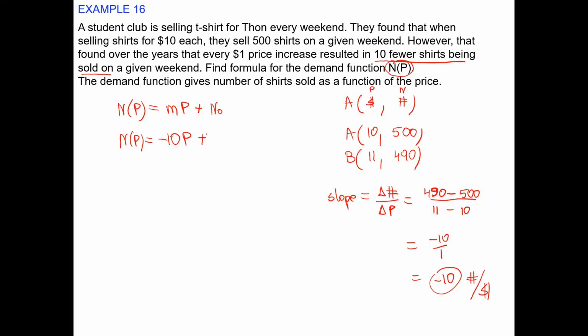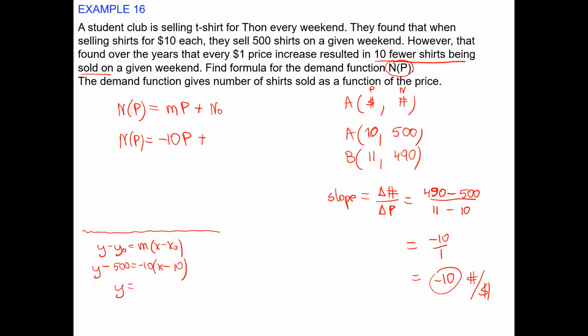And what is the y-intercept? Having a slope and a point, we even have 2 points, we can use point slope, or we can calculate easily, but let's actually do this. y minus y sub 0 equals slope times x minus x sub 0. Let's use maybe point A: 500, negative 10, and then 10, because we have to use 10 for the x.